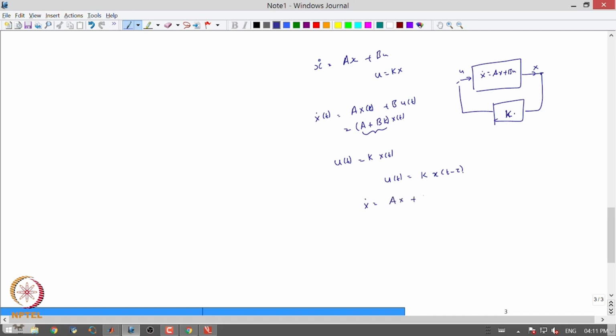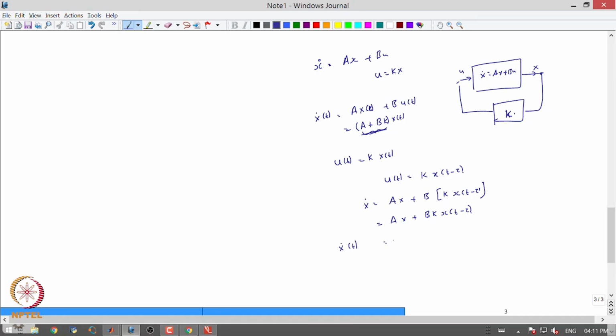I have x dot is a x plus b u, which is now k x(t minus tau). So, this will be a x plus b k x(t minus tau). It is no longer in this form, right. So, the eigenvalues of a plus b k would not tell me much about the closed loop system.